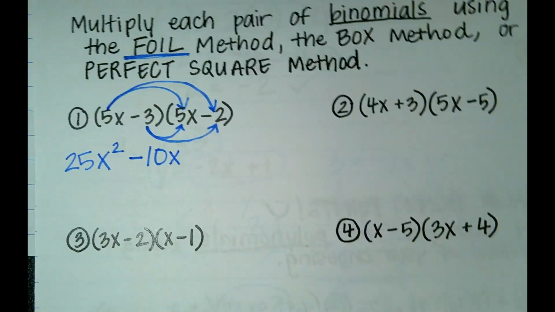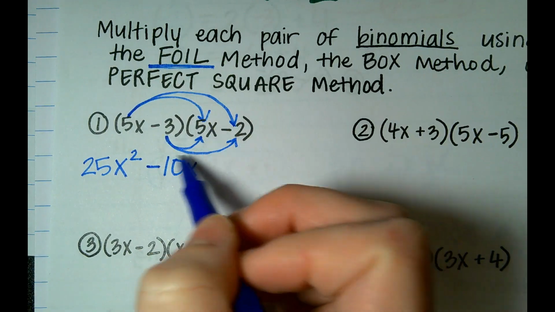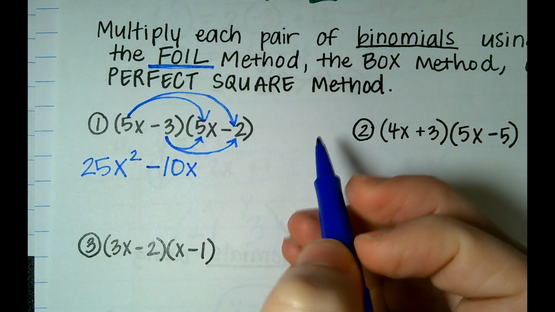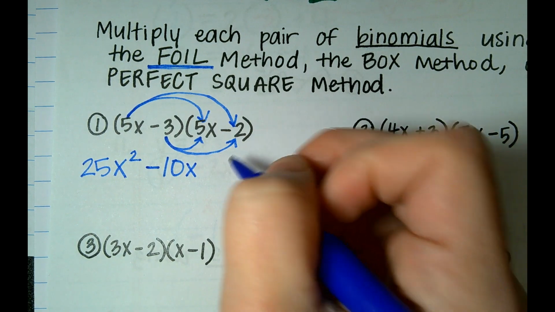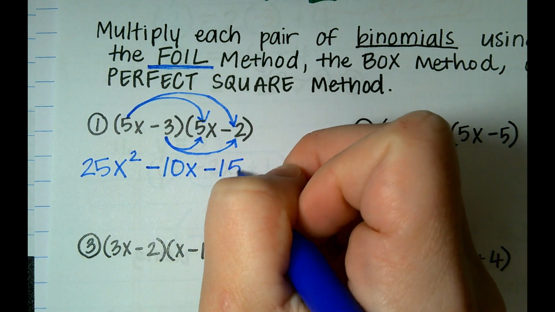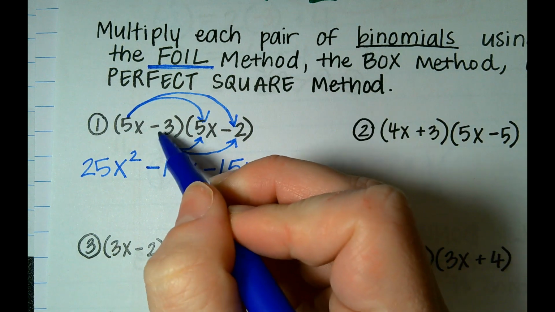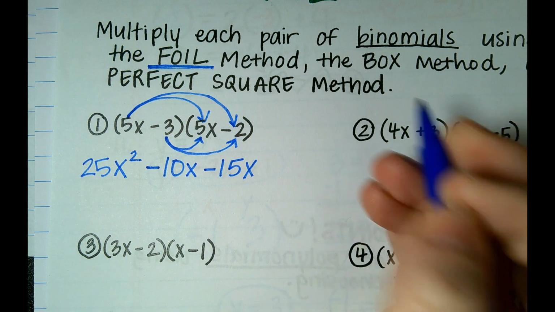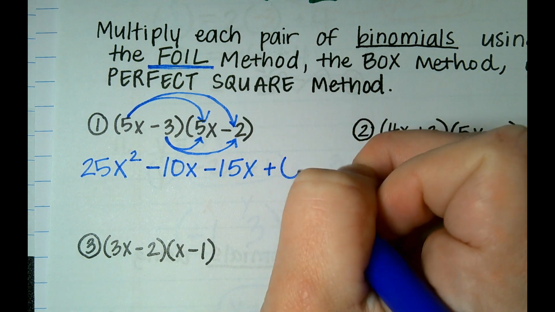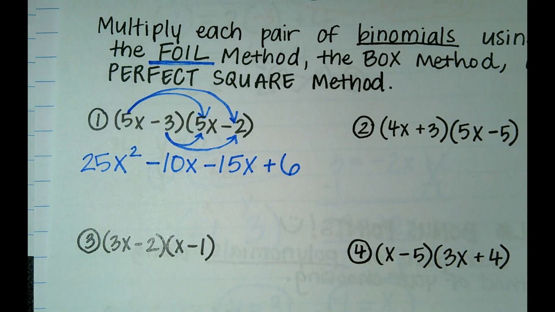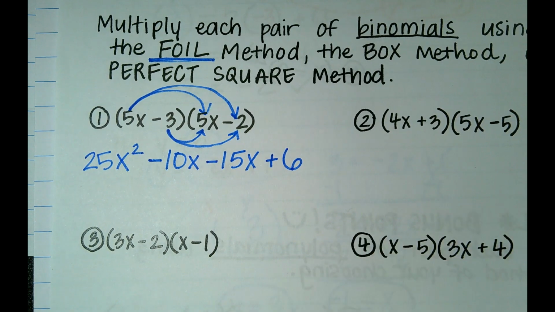Good. Now our inner terms, -3 times 5x. -15x. And our last terms, -3 times -2. Plus 6. Okay, so we've done all 4 terms using the FOIL method.